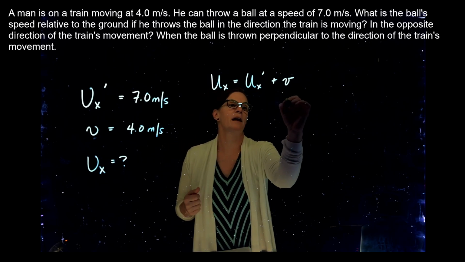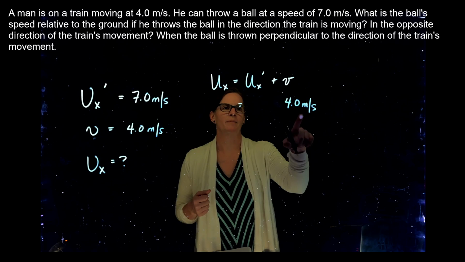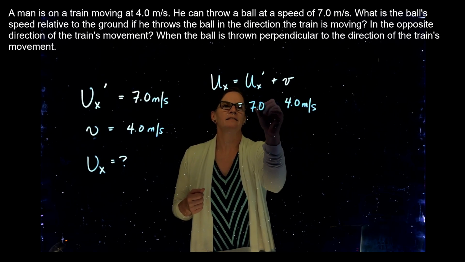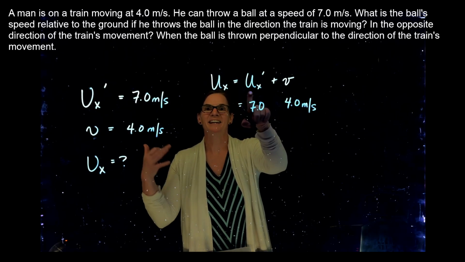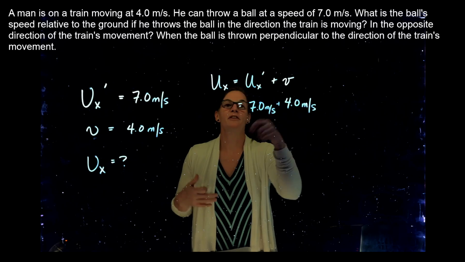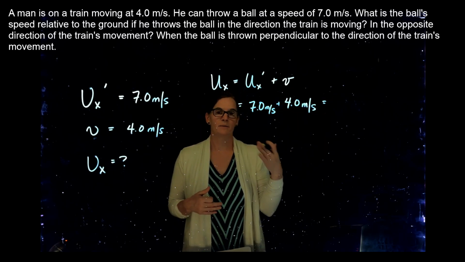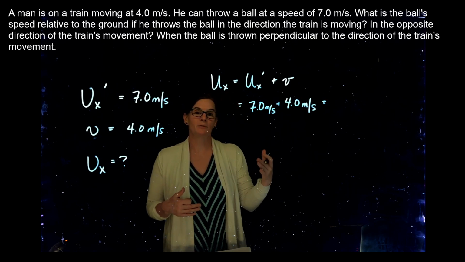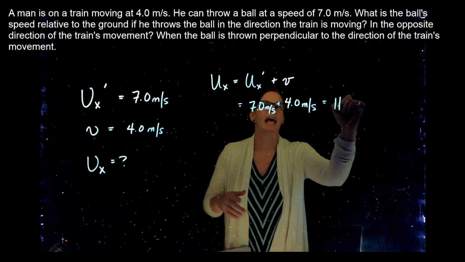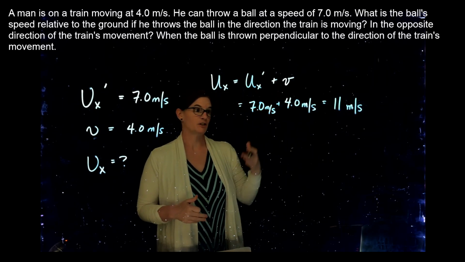So if the velocity of the reference frame is 4 meters per second, and the velocity of the object in that reference frame is 7 meters per second, and they're in the same direction, then if the man throws the ball in the same direction that the train is moving, then as the observer on the ground, it's moving faster at 11 meters per second.